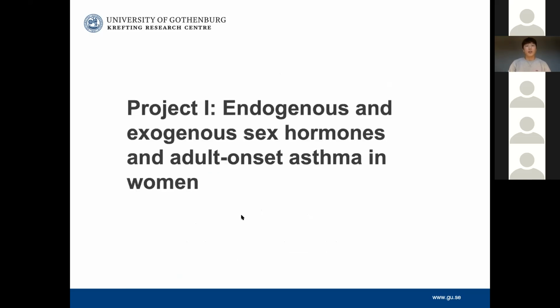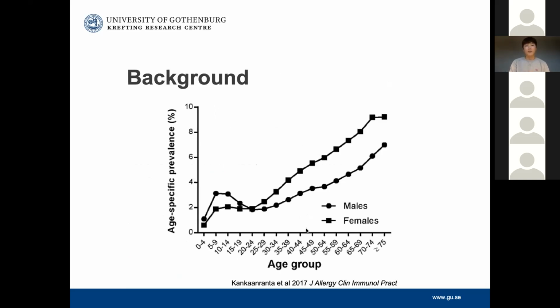So the first project is about endogenous and exogenous sex hormones and adult onset asthma in women. Before we go deeper into this project, I would like to give a brief background about this field and why we are interested in answering this question.